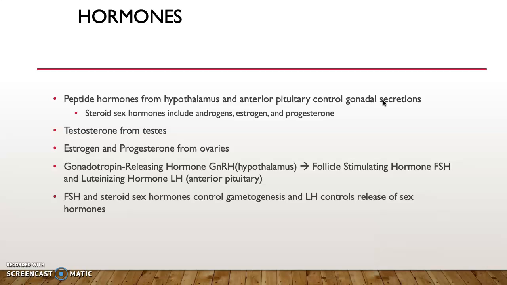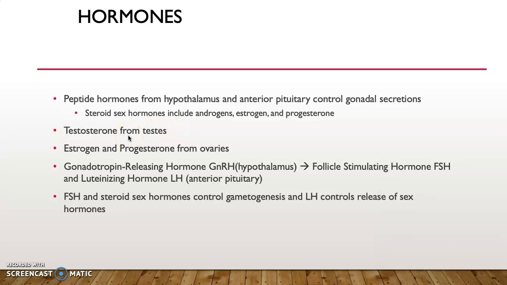I want to say that both sexes produce all three. That's a misconception that people don't understand, because we think of androgens coming from men, and estrogen and progesterone coming from women, but in reality, both sexes produce all three.